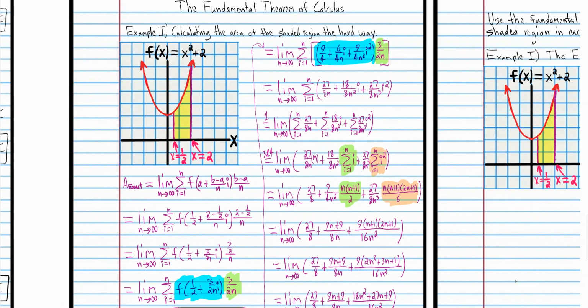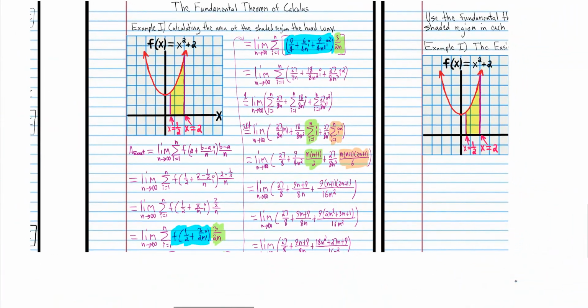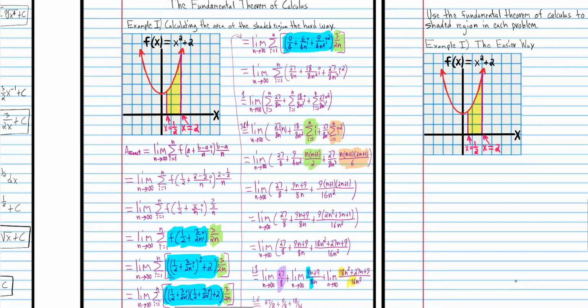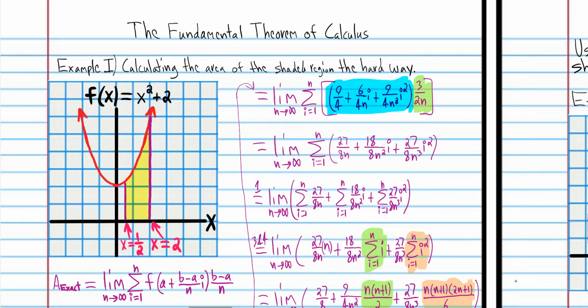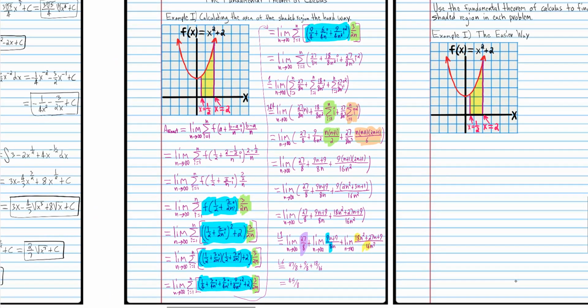Now, in previous classes, we used the hard way. This is when we calculated the area of this shaded region the hard way. This is the difficult way, and look at all the things that we had to do.